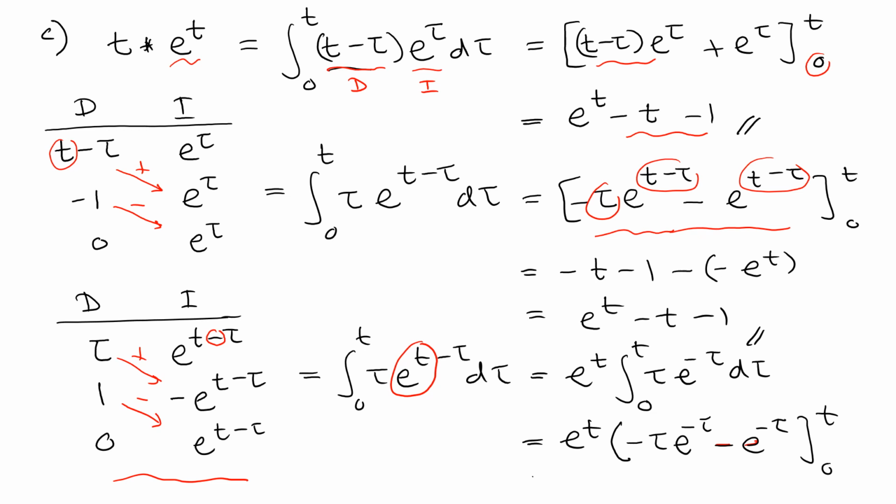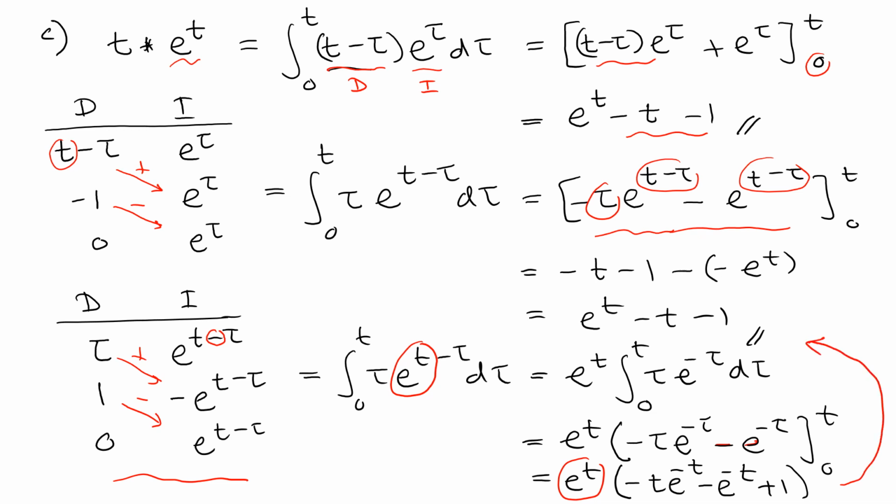And when you do that as before, what you get is e to the t. First you get negative t e to the negative t, negative e to the negative t plus 1. And you can see that once you multiply by e to the t, this is actually going to give you the same answer. So that's the third way to do this.